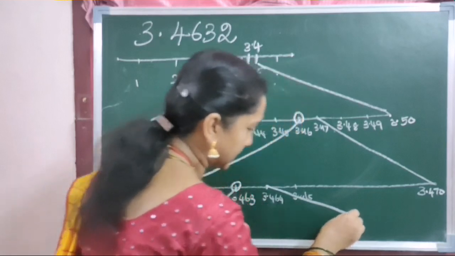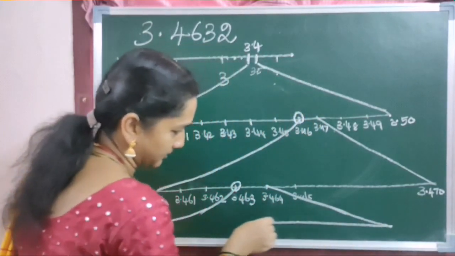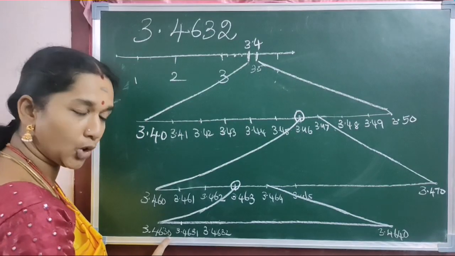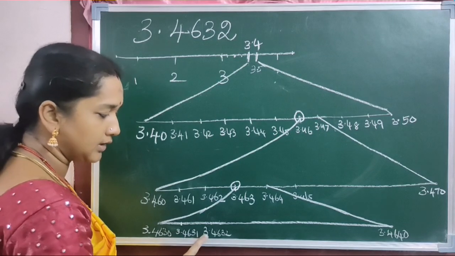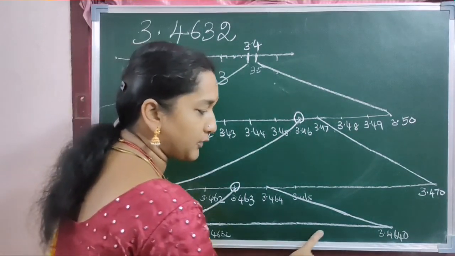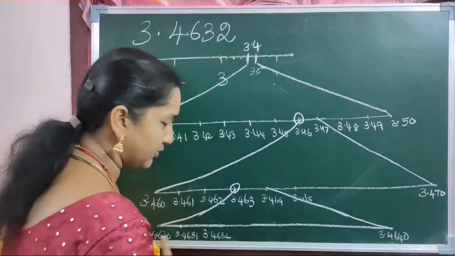In between them you have that point: 3.4630, 3.4631, 3.4632, then 33, 34, 35, 36, 37, 38, 39, 40. This will be the line.